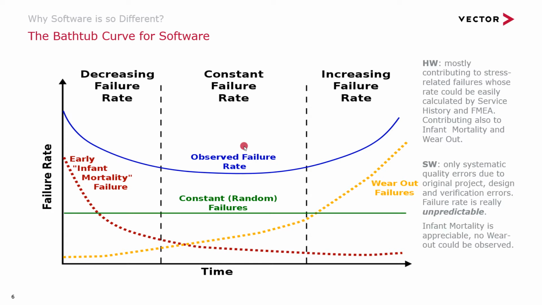So you will have probably a flat, constant random failure rate like the green line, and you could not remove much of the errors in the infant mortality period. Then as soon as the software is on the market, you can try to remove some problems, but then the constant failures are very, very hard to remove.